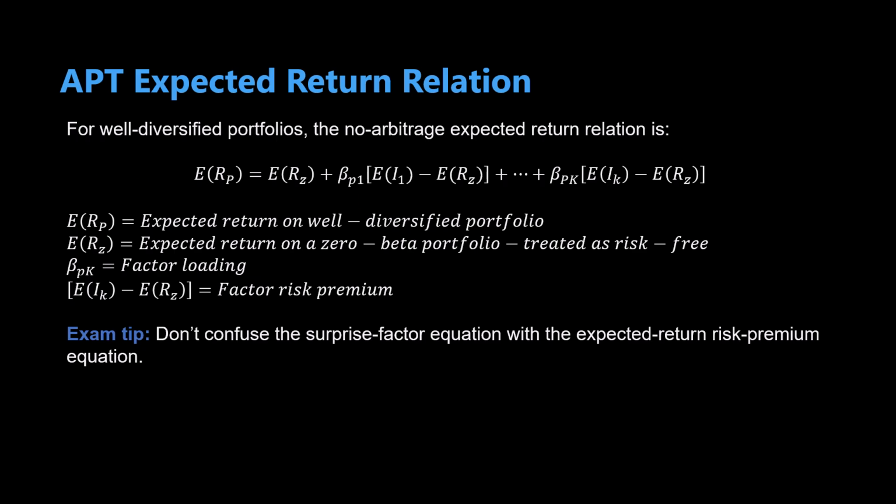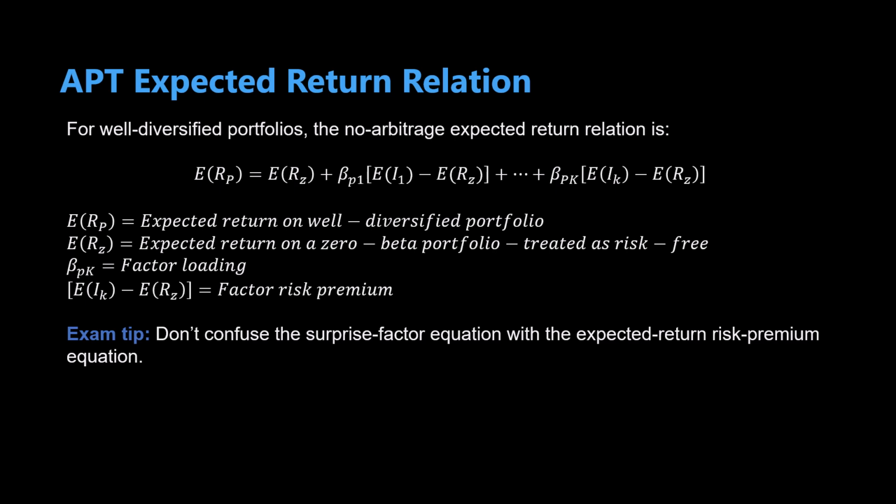Investors should earn higher expected return when they bear greater exposure to factors that command positive risk premia. So if a factor is positively priced and a portfolio has a higher beta with respect to the factor, the portfolio should offer a higher expected return.